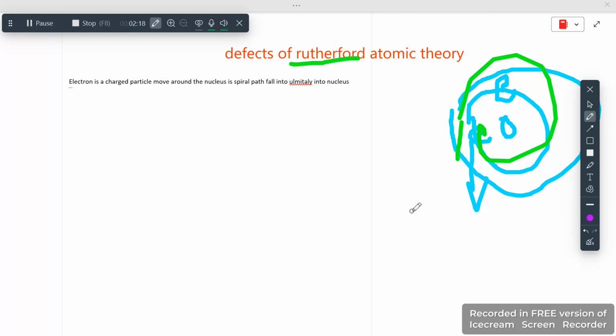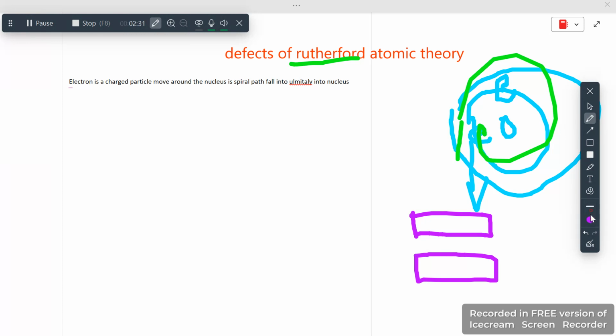His second defect was this. If these are the two spectra, the question was what he did not explain. Atoms emit energy in a continuous form, which would be a continuous spectrum.